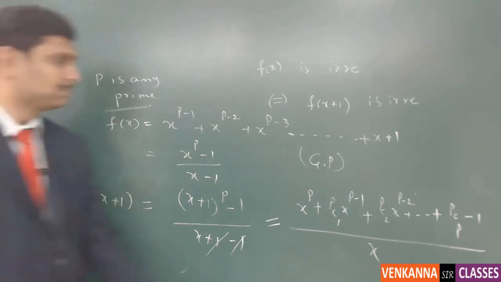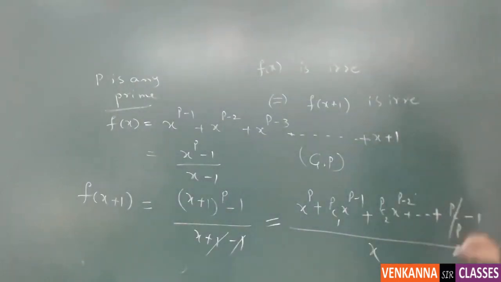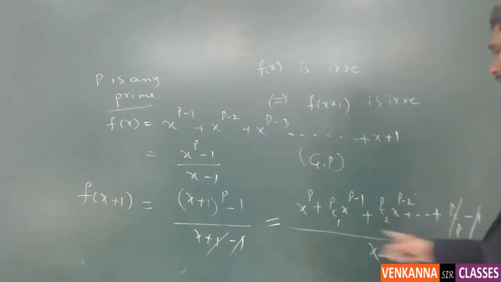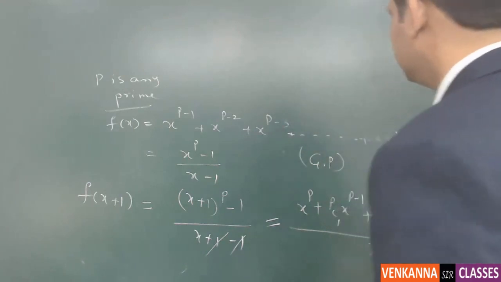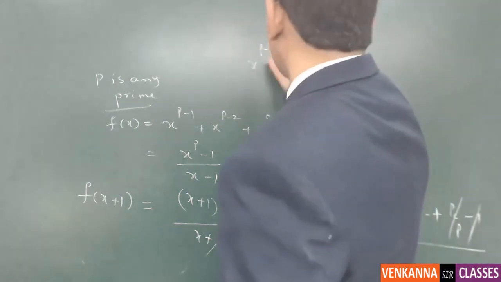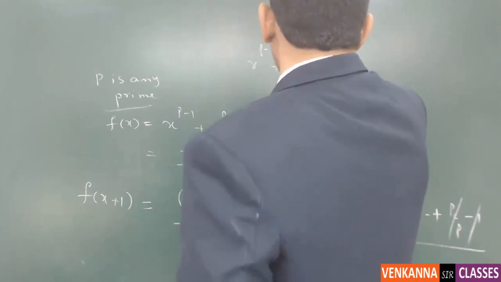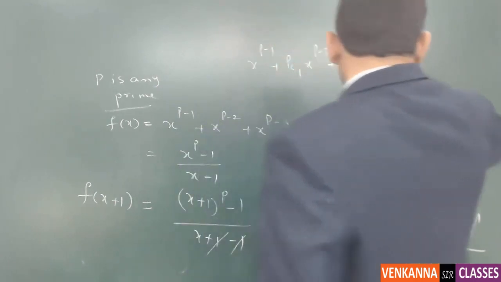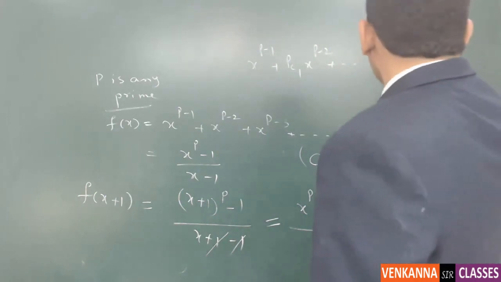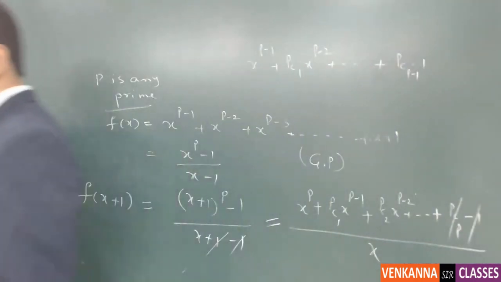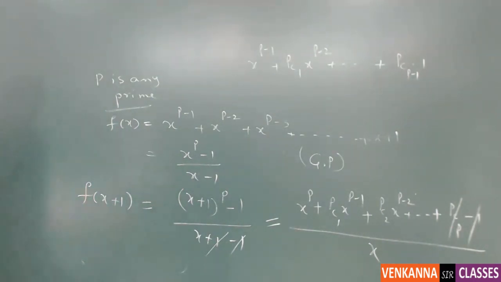Now what happens? pCp is nothing but 1. So these two get cancelled. So dividing this whole thing by x, the result is x power p minus 1 plus pC1 into x power p minus 2 plus so on plus pC(p minus 1) into 1. I have divided each and every term by x. Now what happens?